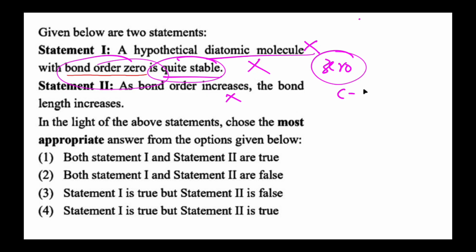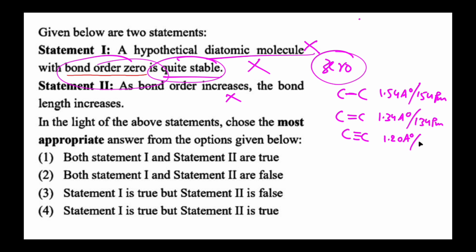Actually, take C-C single bond, C=C double bond, C≡C triple bond. The bond length is 1.54 angstroms, this is 1.34 angstroms, this is 1.20 angstroms. Otherwise 154 picometers, 134 picometers, 120 picometers.